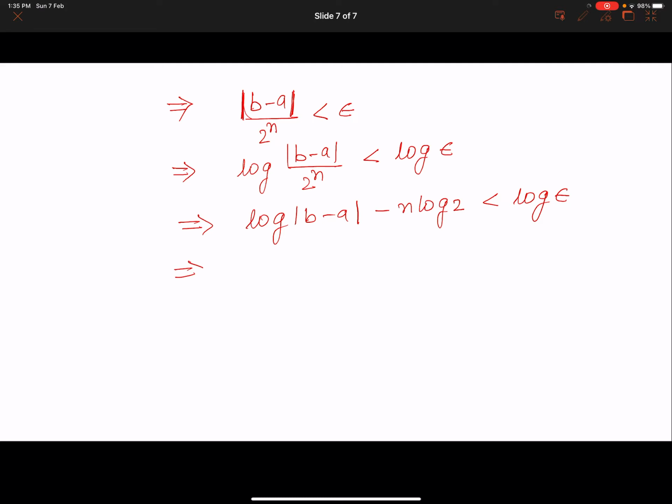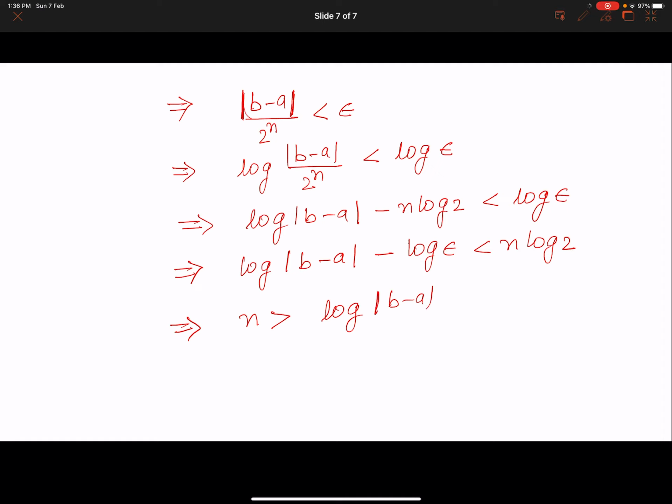This further can be written as log (b minus a) minus log epsilon is less than n log 2, and finally n should always be greater than (log of (b minus a) minus log of epsilon) divided by log of 2.